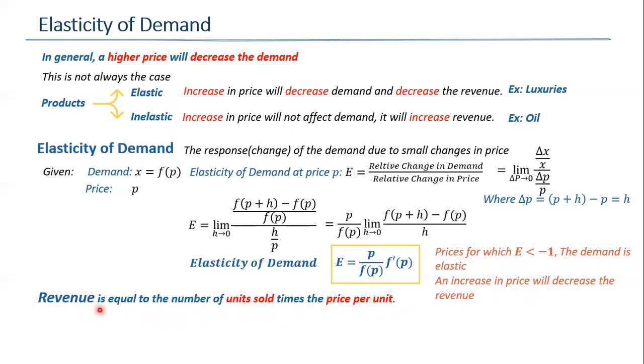Clear? Revenue is equal to the number of units sold times the price per unit. So revenue R of p equals price times demand, so R of p equals p times f of p.